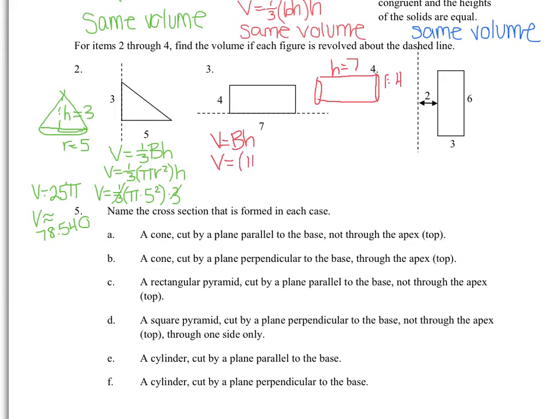The area of my base is pi r squared times my height. So my volume is going to be pi times my radius, which is 4 squared, times 7. This is going to give me 16 pi times 7, which is 112 pi, and that is approximately 351.858.